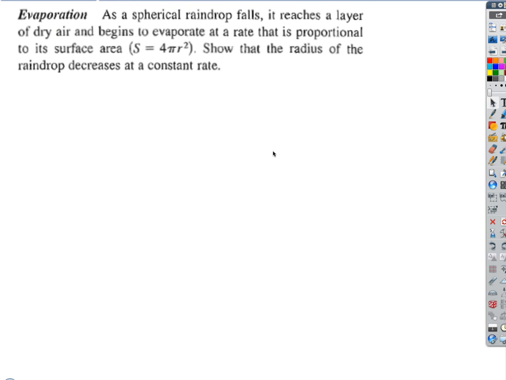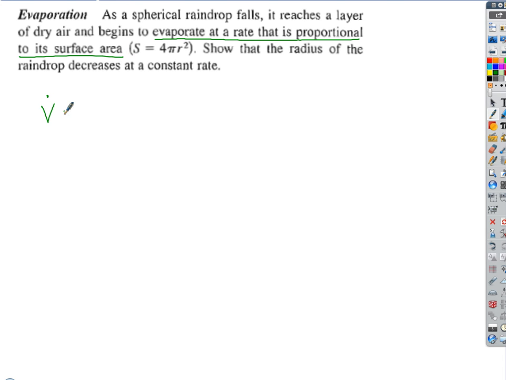Okay, we want to show that the radius of the raindrop decreases at a constant rate. We're told that it begins to evaporate at a rate that is proportional to its surface area, right? So what's that mean? If it's evaporating, it means the volume is changing, right?